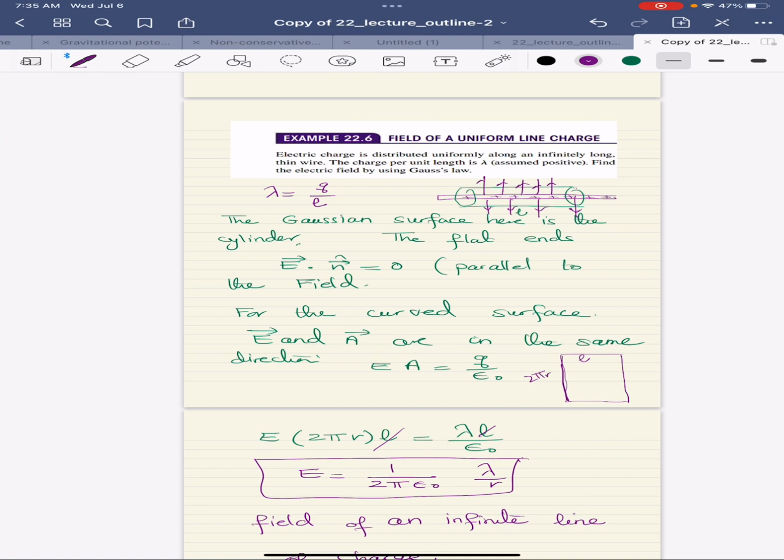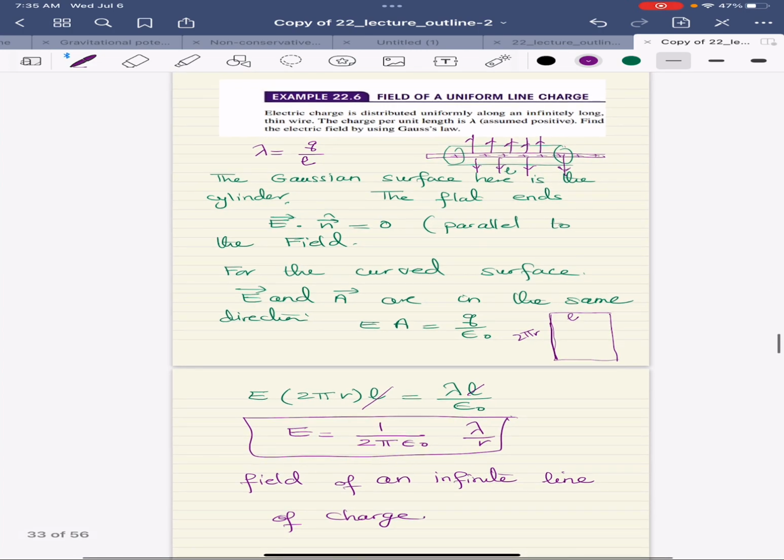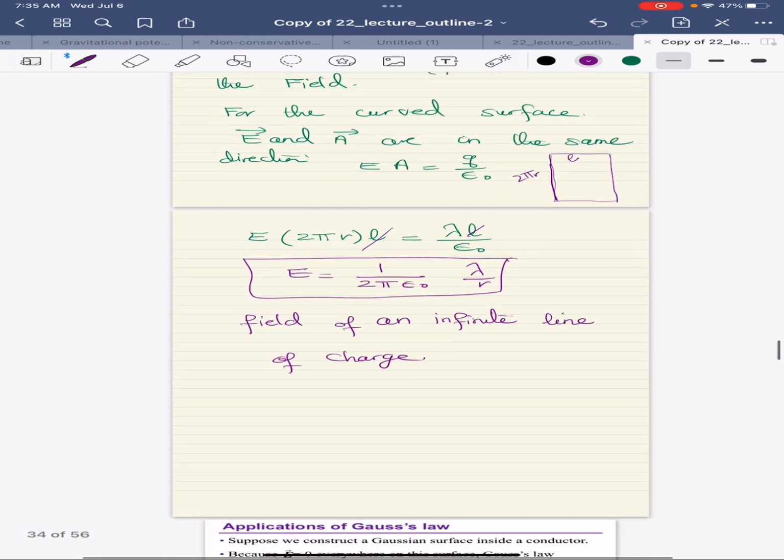Therefore, the area of this one is 2 pi R times L, times E. And here I have the charge enclosed. It is lambda times L divided by epsilon 0. Then E is going to be 1 over 2 pi epsilon 0 times lambda over R. And this is the field of an infinite line of charge.